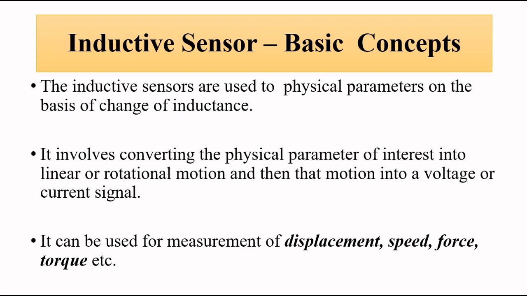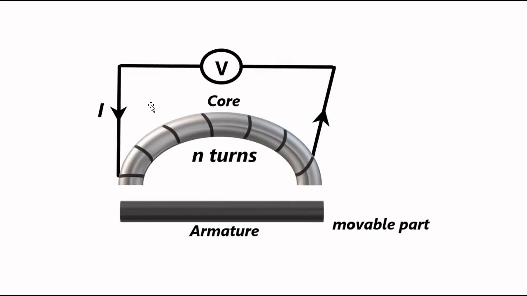Basically it consists of a ferromagnetic core, semicircular shaped, and an armature, rod shaped. The core has a number of turns of wire and a voltage source, and the armature is movable, it is free to move while the core is fixed.